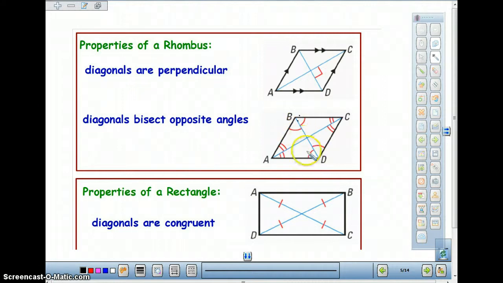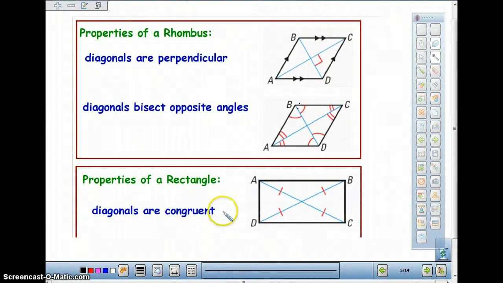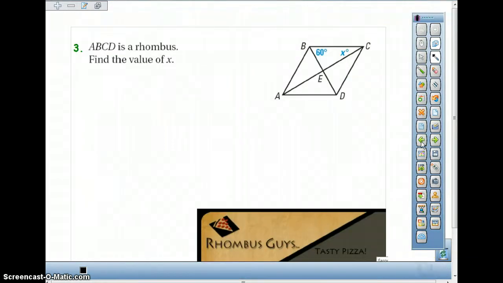So if I have my diagonal right here, it bisects this angle and it bisects this angle over here. When I'm talking about a rectangle, my diagonals are going to be congruent. So AC is going to be congruent to BD. And this is where we were a little bit confused when it was just a regular parallelogram. Doesn't necessarily mean that they were congruent unless it is a rectangle or a square.